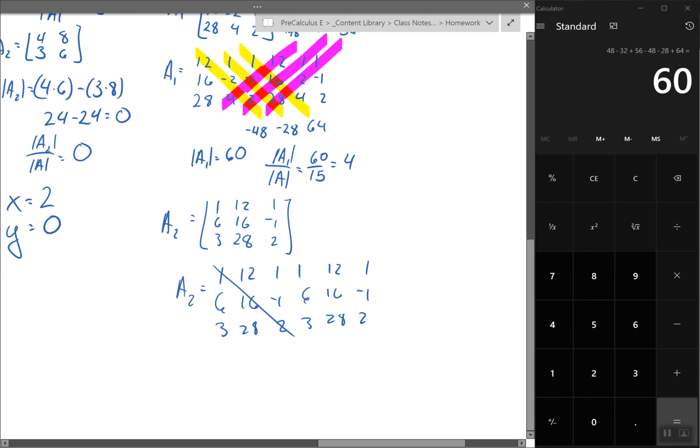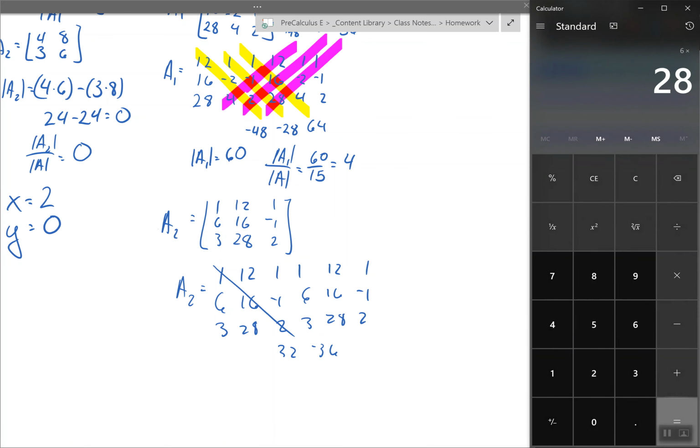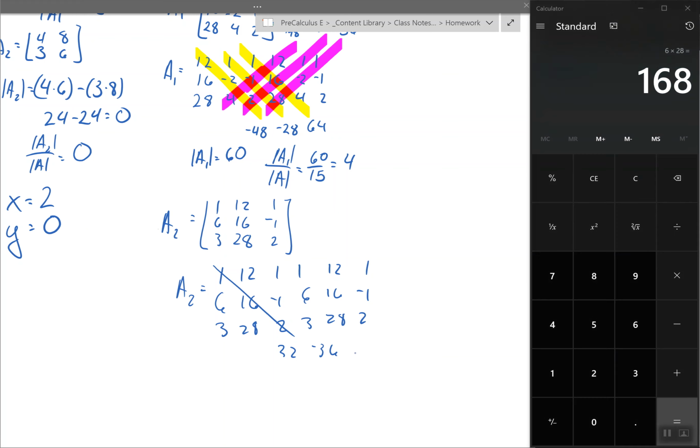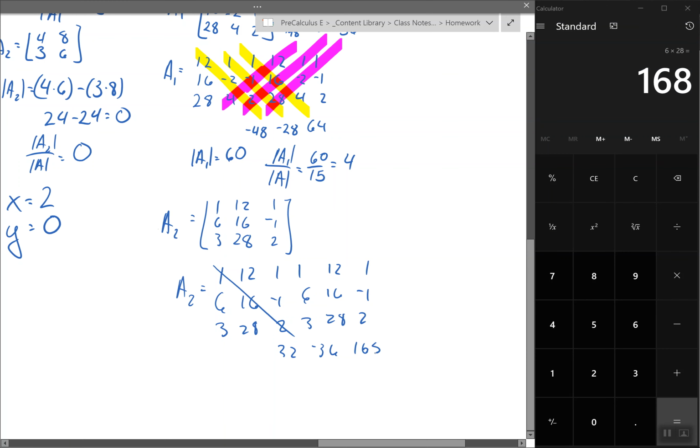Okay, so 16 times 2 is 32. 12 times 3 is 36, so negative 36, and 6 times 28 is 168, positive 168. Okay. So then we have 28 times negative 1, which is negative 28, but we make it positive, so opposite sign, so 28. 2 times 6 times 12 is 144, but we make it negative.